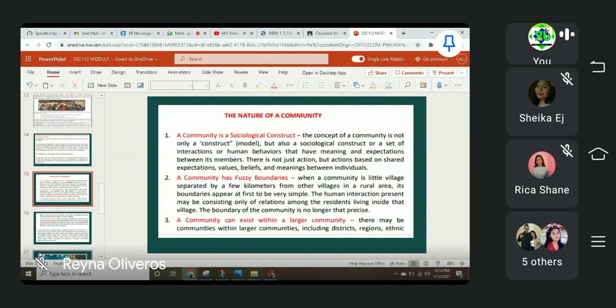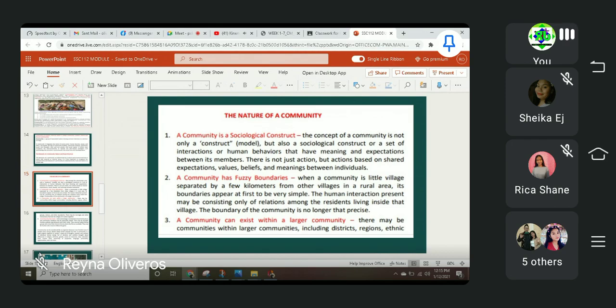Number one, a community is a sociological construct. 'Di ba? Paano nasabing sociological construct ang isang community? It is because the concept of community is not only a construct or model, but also a sociological construct or a set of interactions of human behaviors that have meaning and expectations between its members.